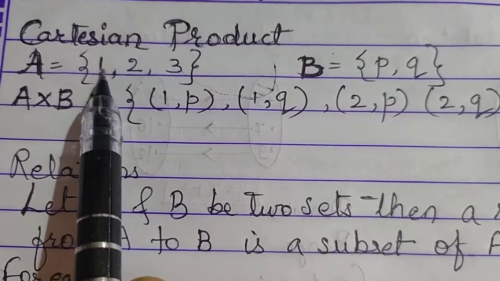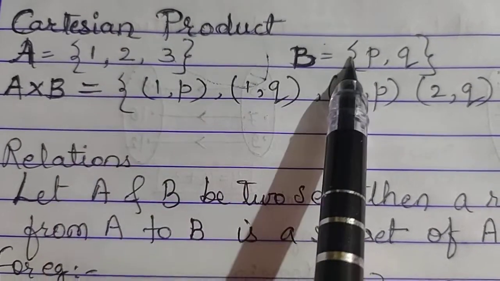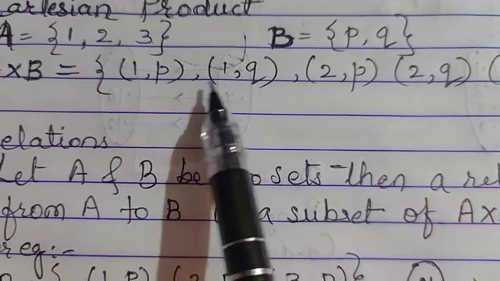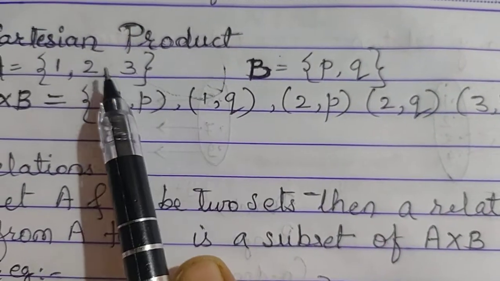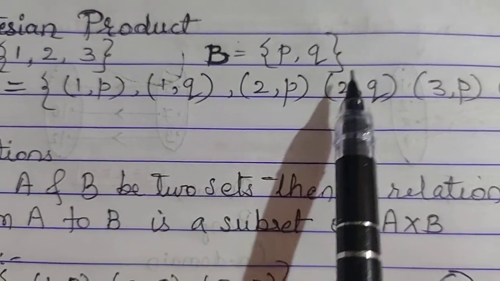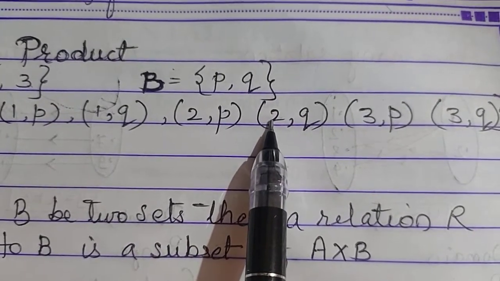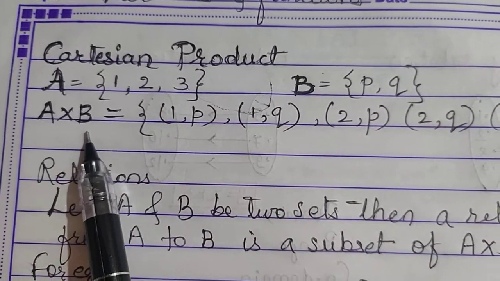Second element is 1q. Then 2p, 2q. So in this way we get the Cartesian product 2p, 2q, 3p, 3q. This is called the Cartesian product A cross B. So A cross B is the Cartesian product.